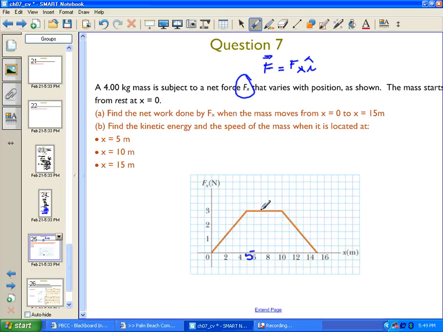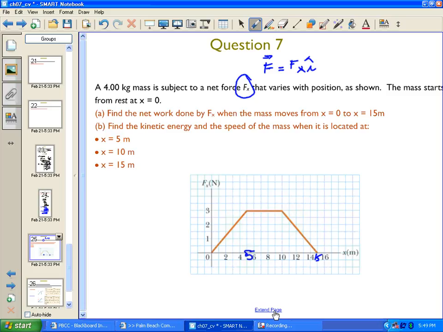We see that Fx is constant, but over the next 5, when we go from 10 to 15, sorry, not seconds, meters, I should say. This is meters on the horizontal. You can see that the value of Fx drops down to 0.